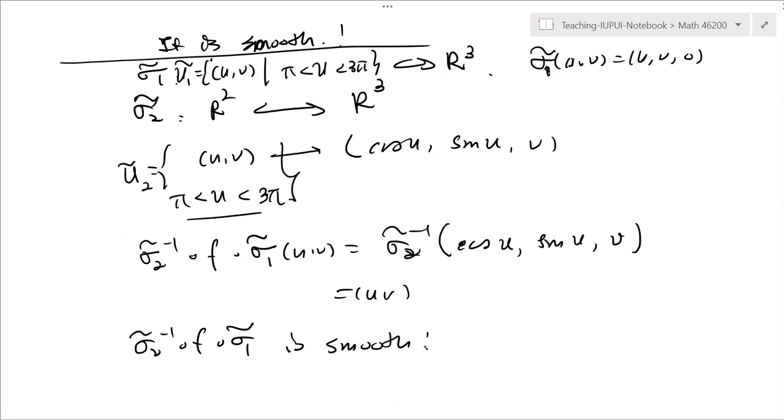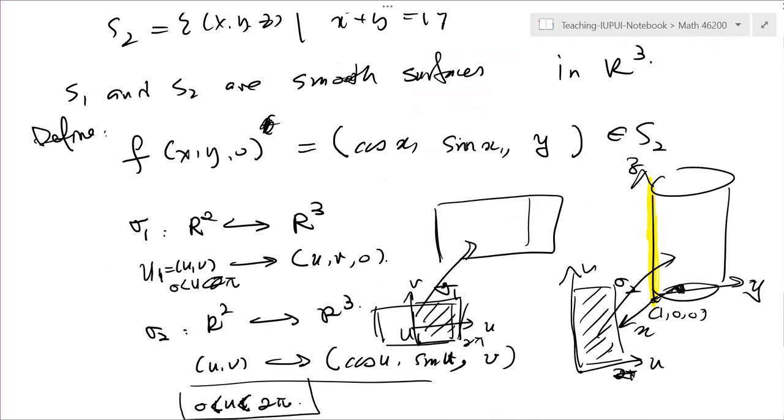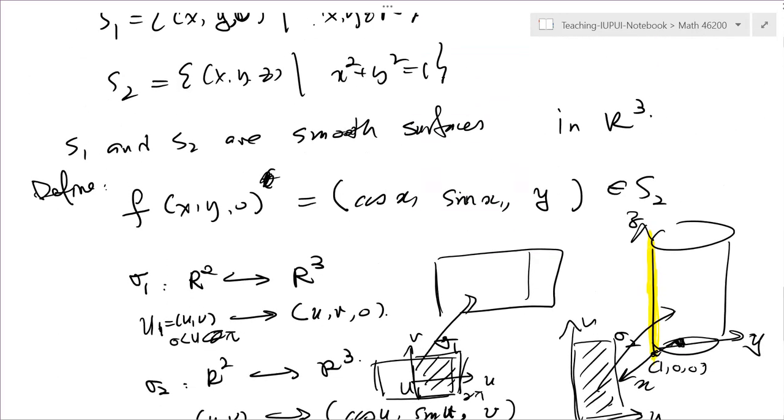So for every point on the... wait a minute, yeah. So the function f is defined on the whole plane.